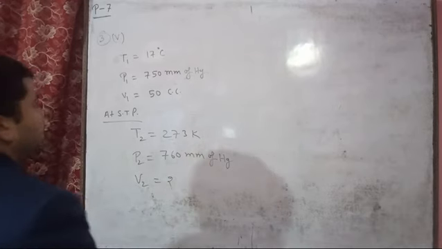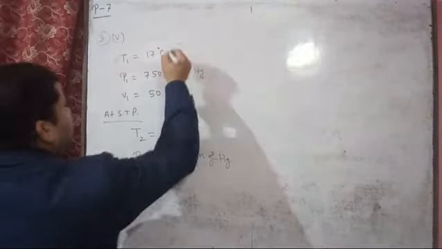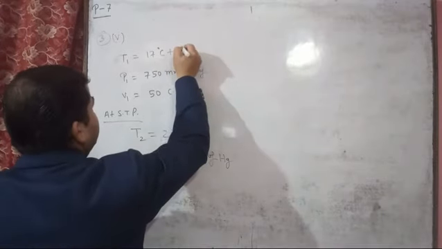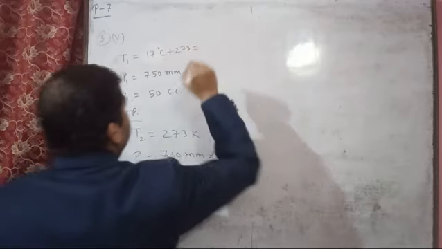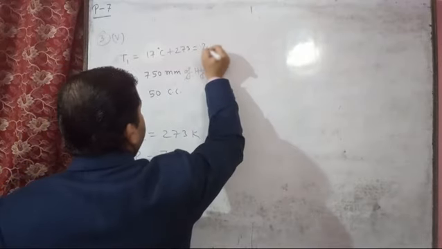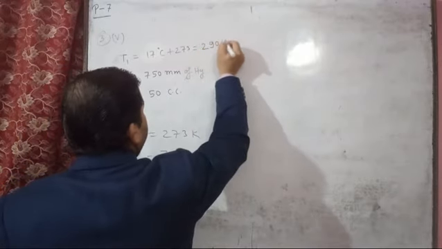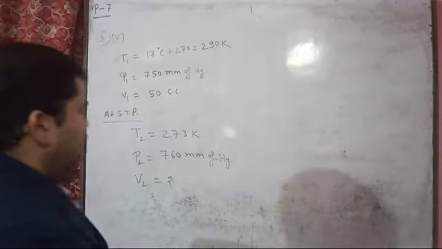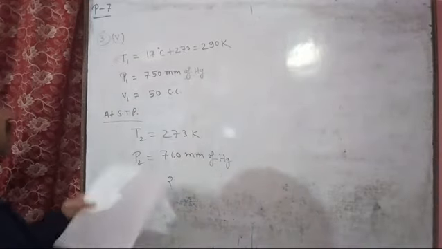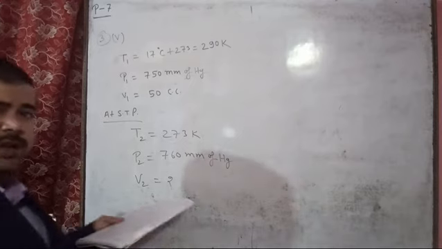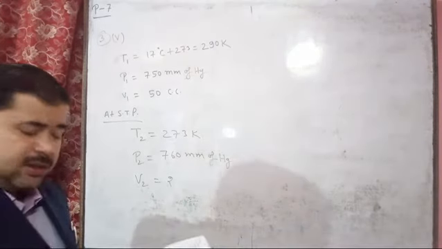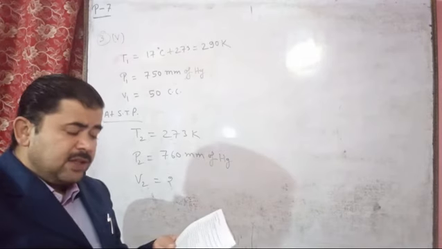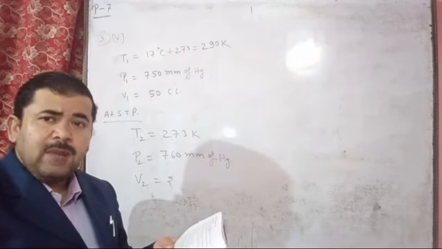Here we will apply the gas equation, adding 273 to the Celsius temperature. But in the bracket it is written that at 17 degrees Celsius the vapor pressure is 14 mm.